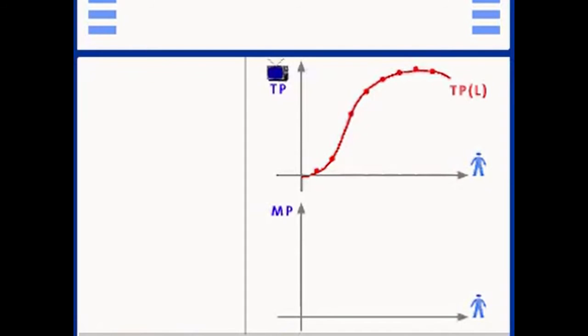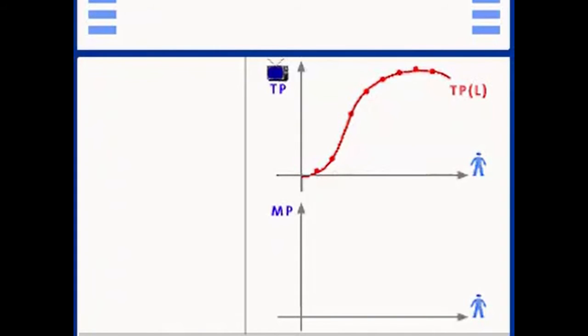Remember, the trick with a two-story diagram is the graphs are related and they have the same variable measured on the horizontal axis. So in this case, we are measuring labor input on the horizontal axis in both pictures. On the upstairs picture, we're measuring total product on the vertical axis, and we're using those same numbers that we've been using all along to represent a total product, and those numbers are next door.